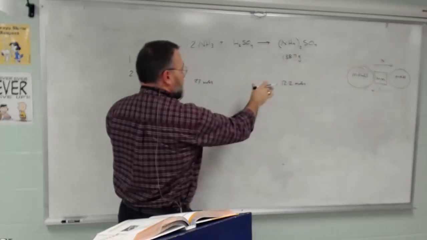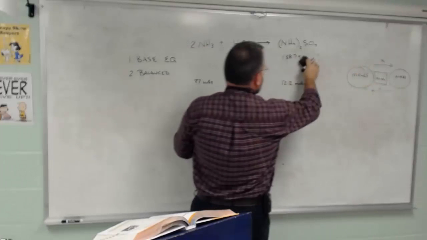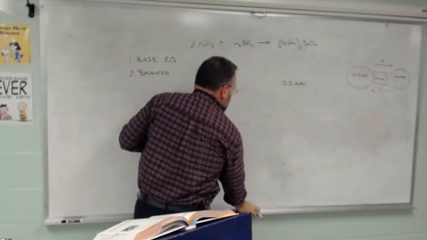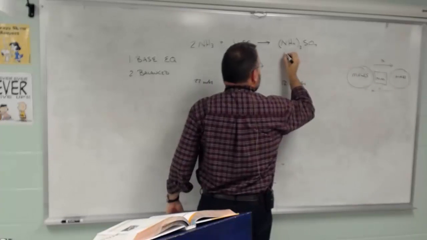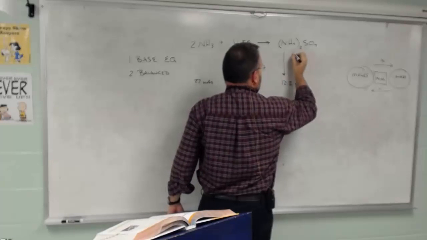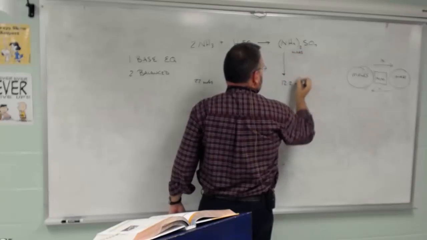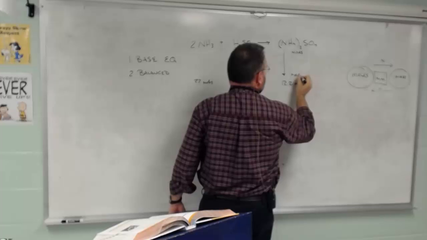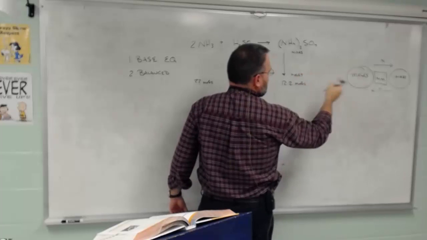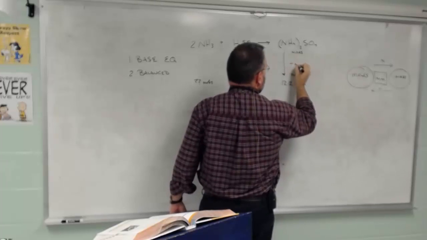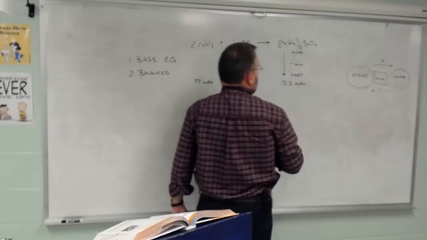On this kind of diagram, this movement from here down to here is going to take us from mass to moles. And to go from mass to moles, we're going to divide by the molar mass.